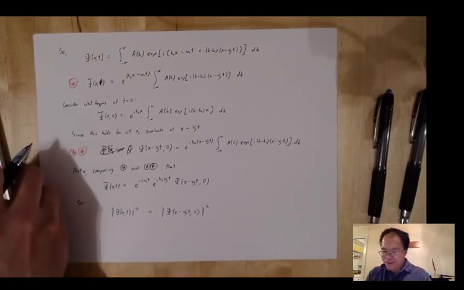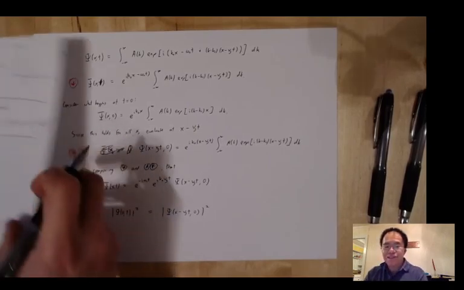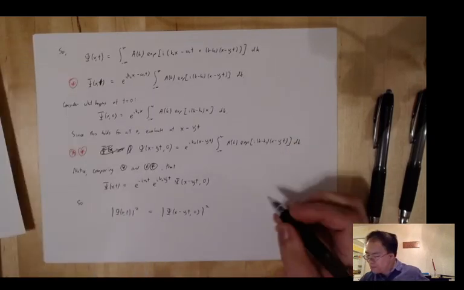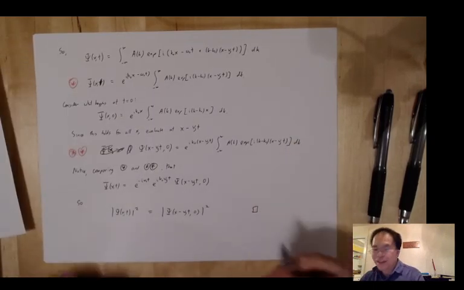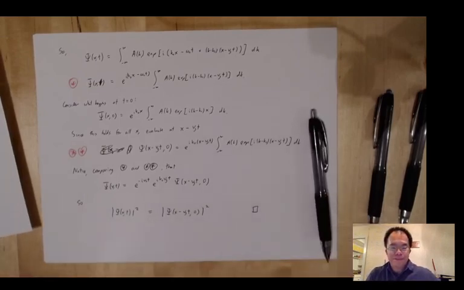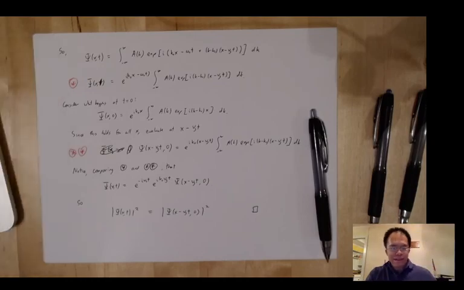Well, that is exactly what we said we wanted to show. And so we're done, and that completes the proof. Okay, so a somewhat lengthy argument, but hopefully this has convinced you that it's plausible that a wave packet moves at the group velocity.